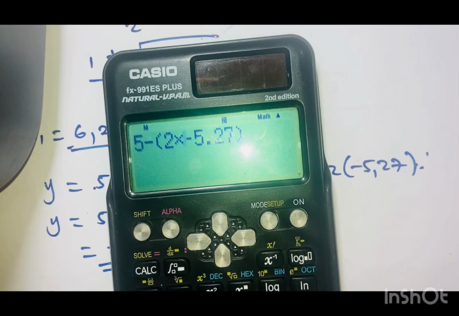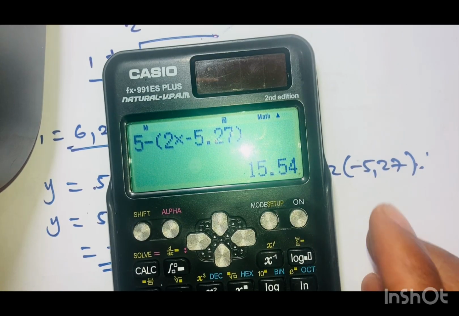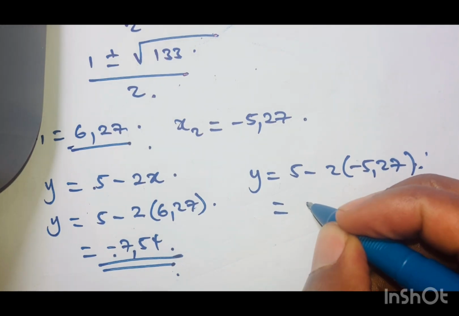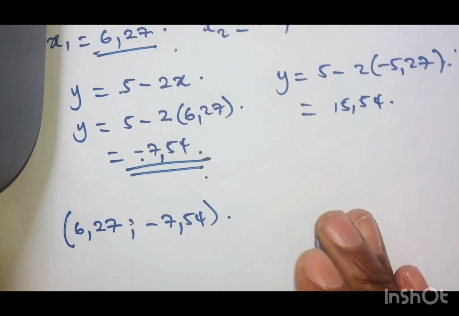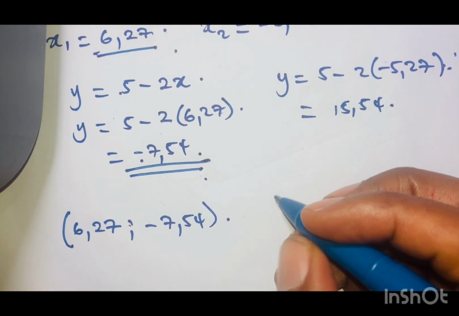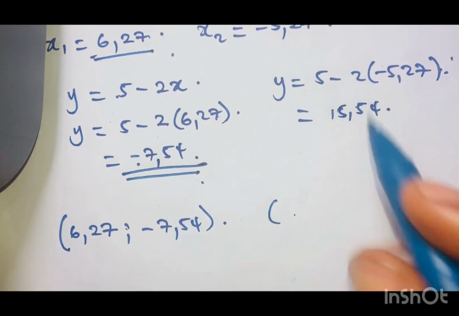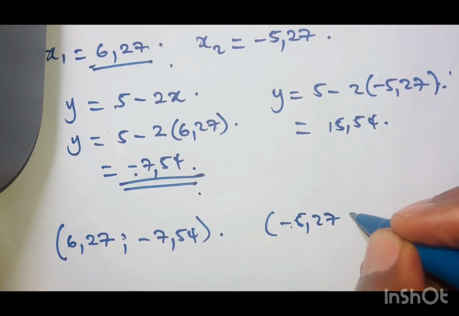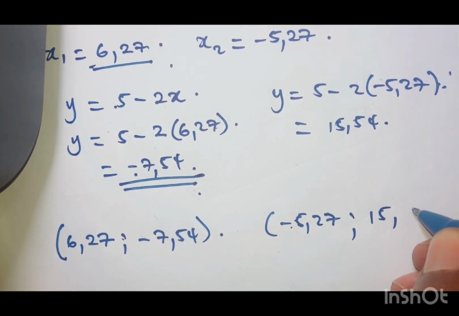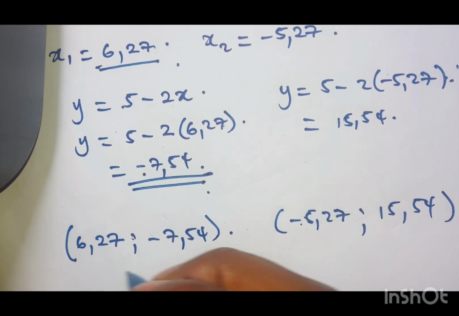So then it is going to give me 15.54. So the other coordinate is going to be x is negative 5.27, then y is 15.54. So those are the coordinates.